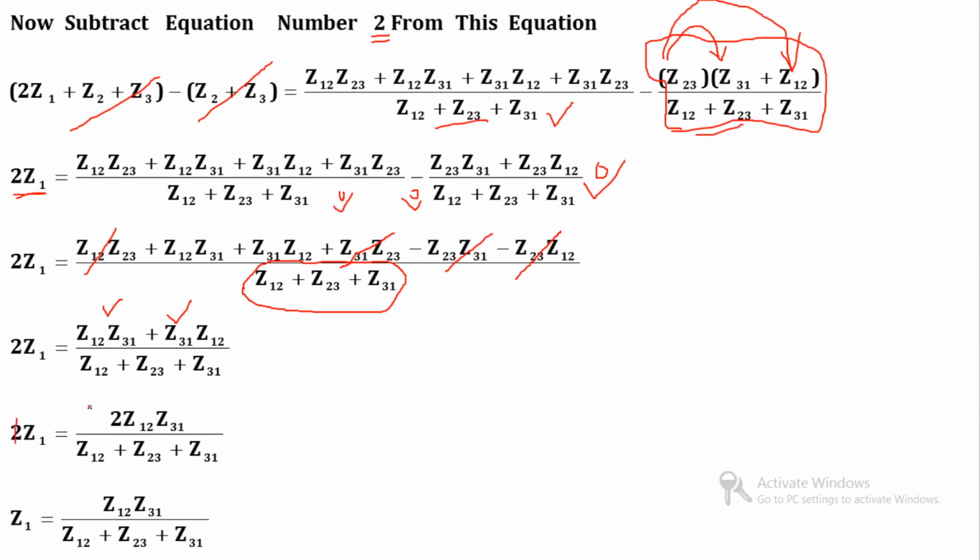Now this 2 will cancel out. So the impedance Z1 is equal to Z12 into Z31 divided by Z12 plus Z23 plus Z31. So this is the equivalent star impedance for delta to star conversion. This is the impedance of phase 1.